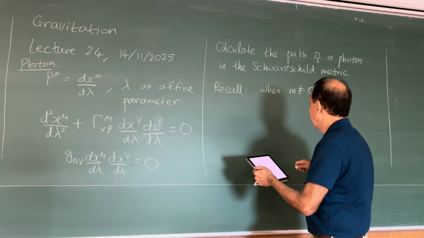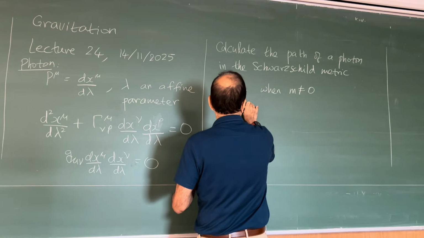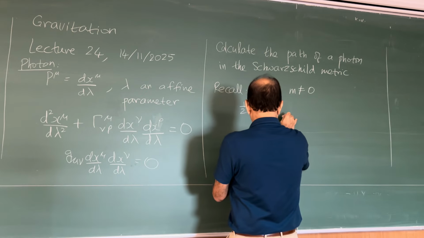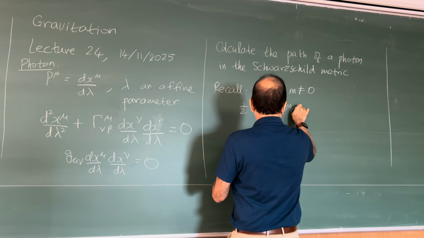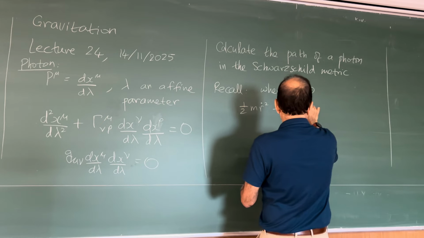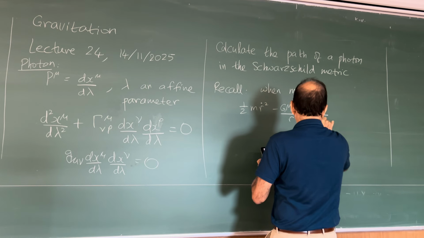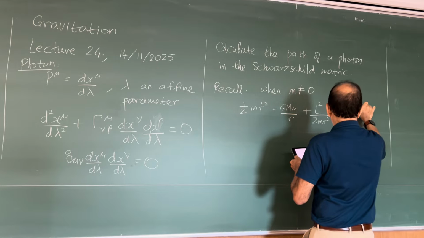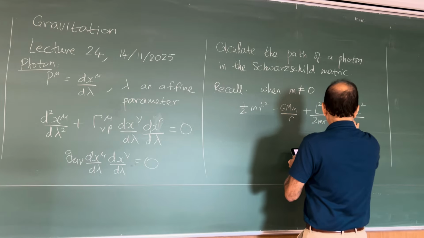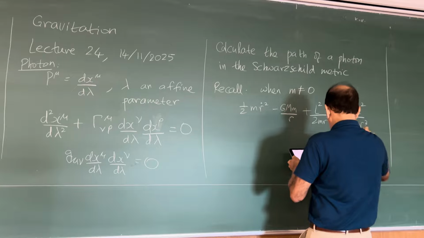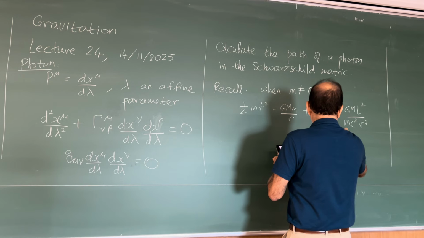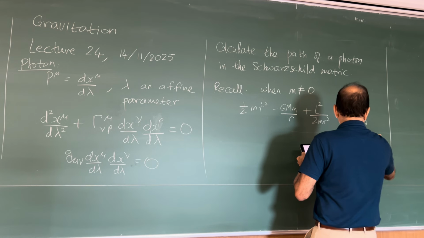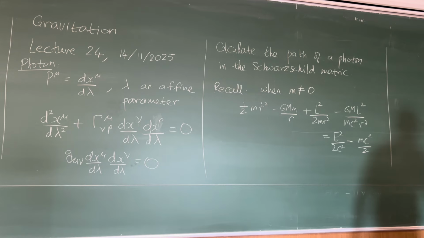And that equation was half m r dot squared minus GMm by r plus L squared by 2mr squared minus GM L squared over m c squared r cubed is equal to E squared by 2c squared minus m c squared by 2.